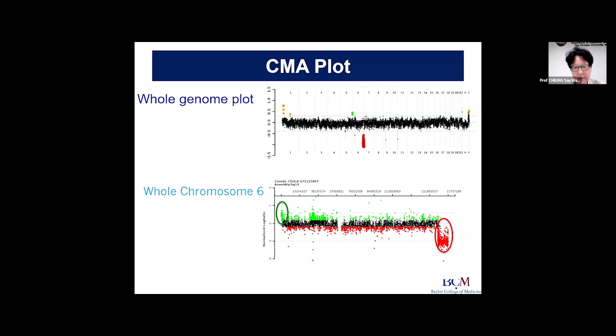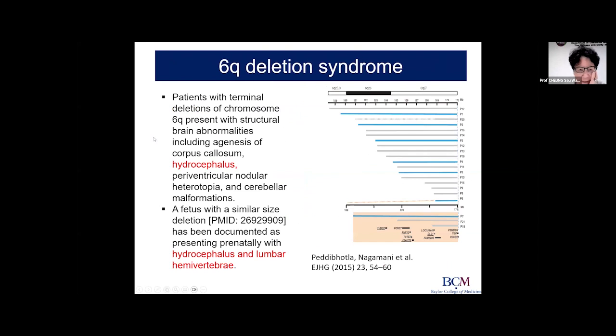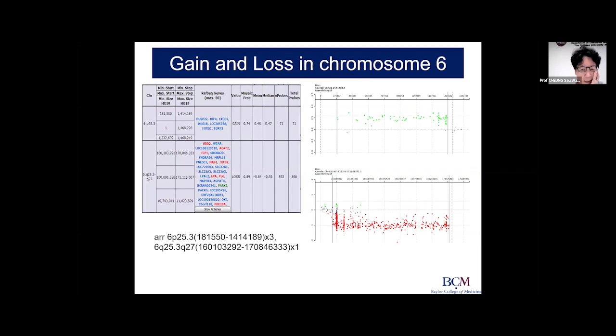Usually, when you see copy number gain and copy number loss involving the same chromosome, usually it is involving inversion. And I'm going to show you how we determine that. So then you would have the copy number gain, as you see here, on the 6p term, and then copy number loss on the bottom, and then you see that it's 6q term.